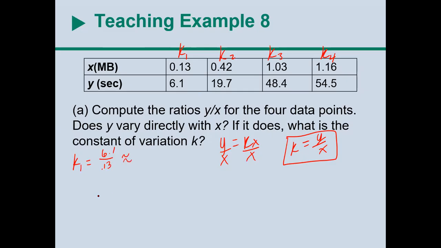And you're going to give me an approximate value. Find k2, it's going to be 19 and 7/10 divided by 4200. Get an approximate value. To find k3, it's going to equal 48 and 4/10 divided by 1 and 300. Gives me an approximate value. And to find k4, it's going to equal 54 and 5/10 divided by 1 and 1600. And it's going to give me an approximate value.